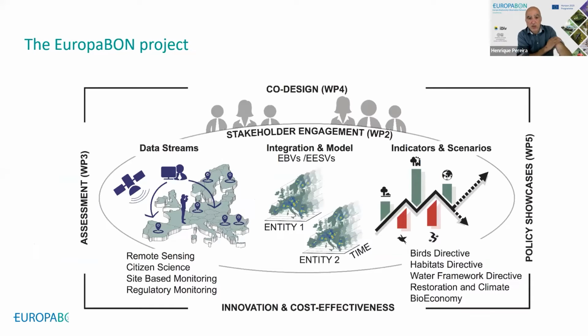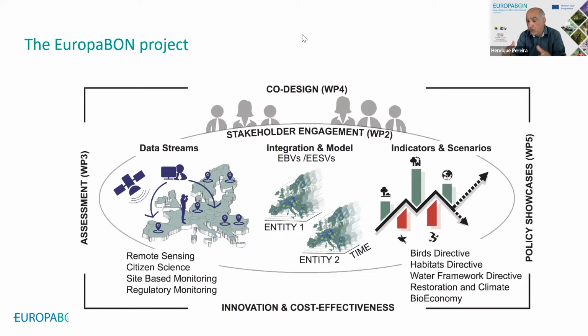And so in EuropaBON, we have 5 work packages. They are all centered on stakeholder engagement. Stakeholder engagement has been the core principle of our work. It underpins all the work that we have been doing.